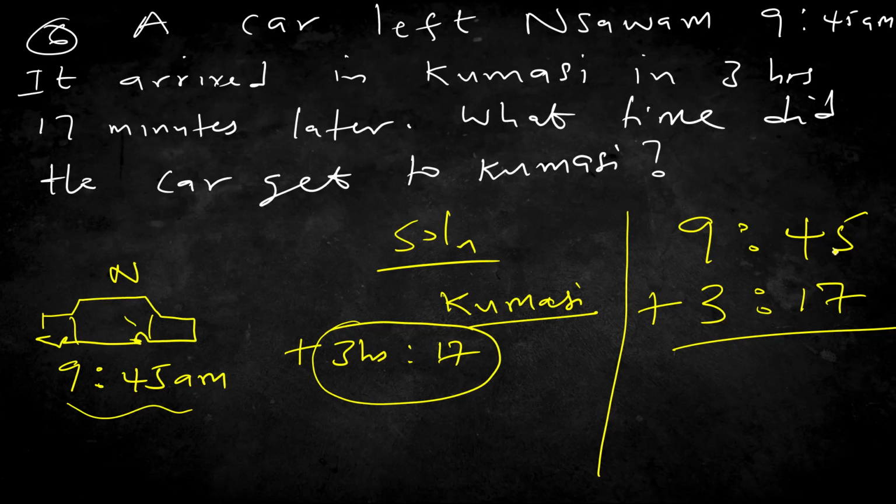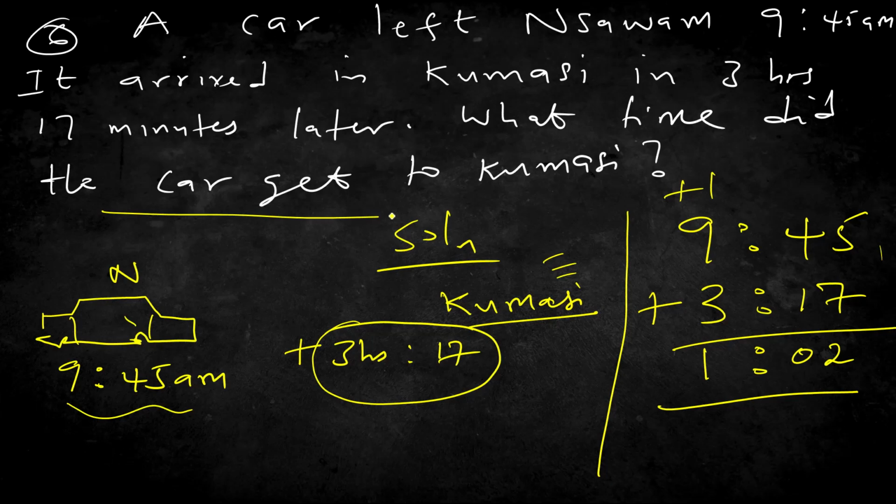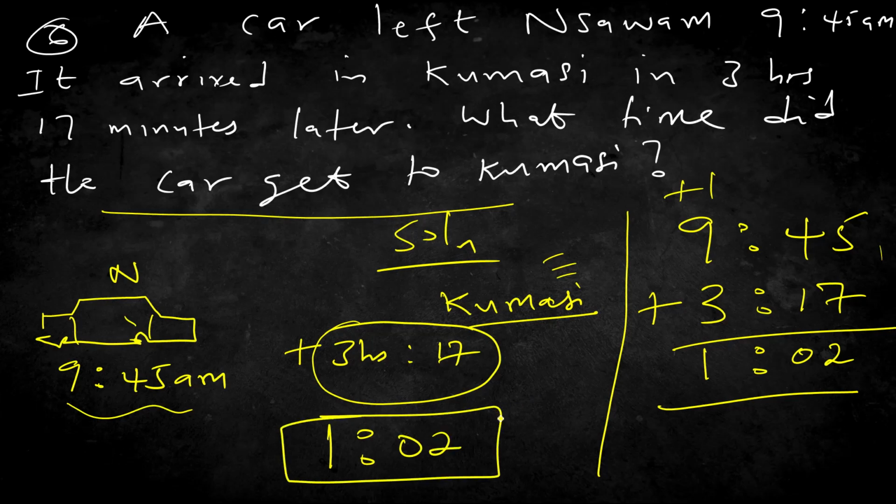So if I take 15, this side will be 2 minutes. This one has given us plus 1 hour here. So 1 plus 9 is 10, plus 3 is 13, which is 1 p.m. So the car got to Kumasi at 1:02 p.m. As simple as that. All right.